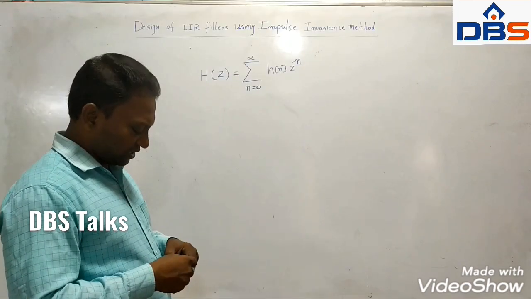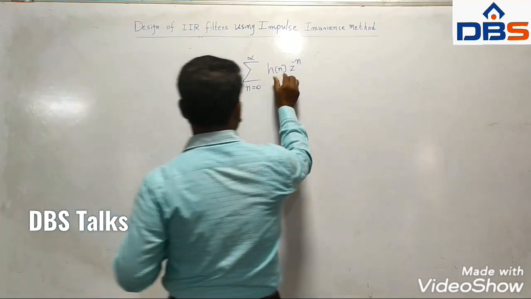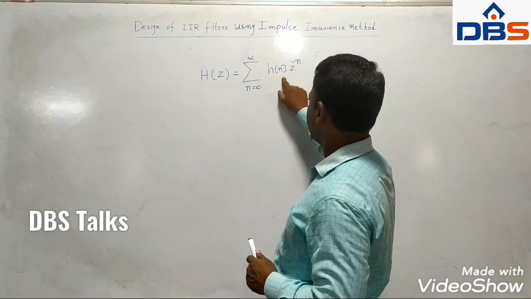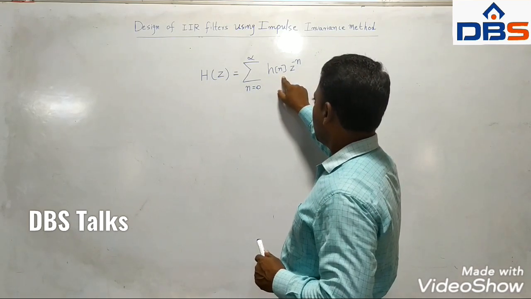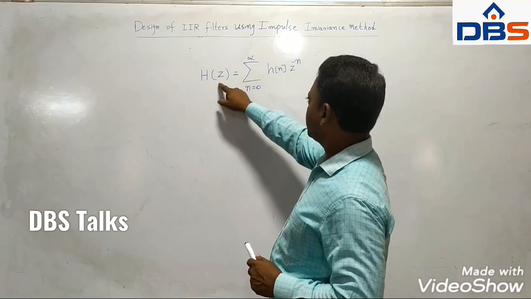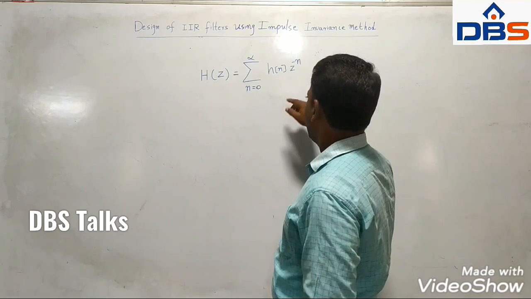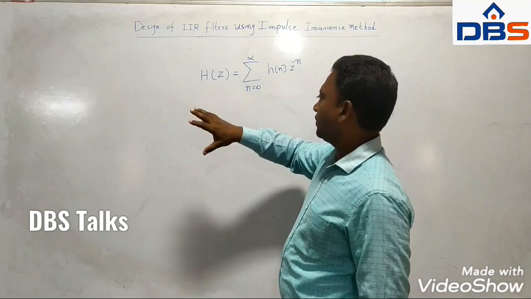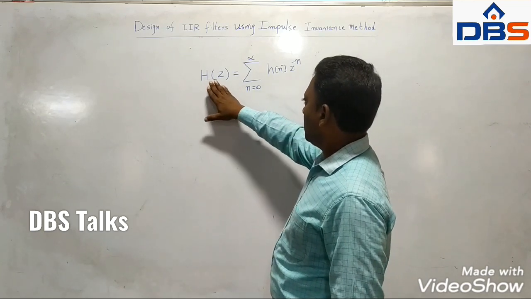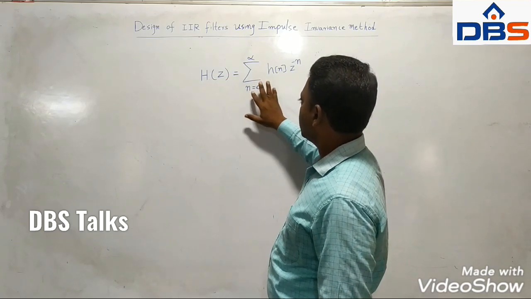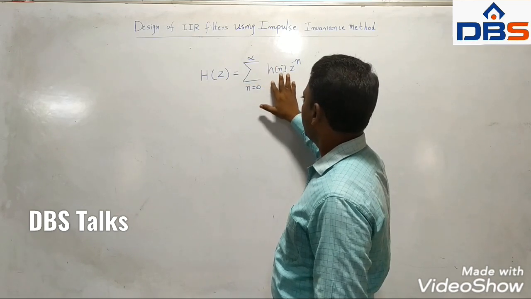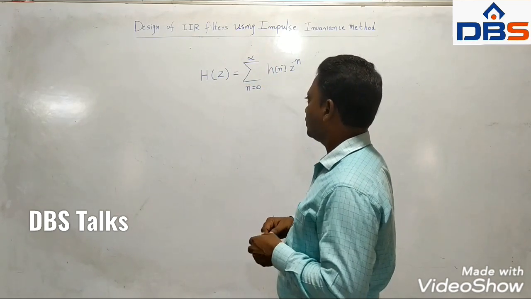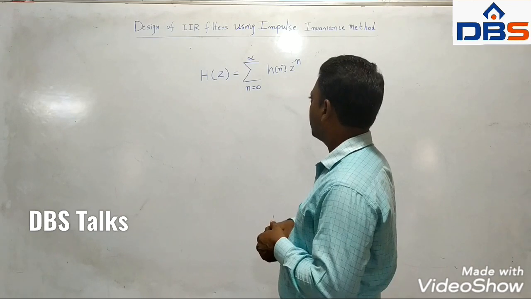Here h(n) is the impulse response and H(z) is the transfer function, and we represent any given transfer function H(z) as sigma n equal to 0 to infinity h(n) z power minus n.